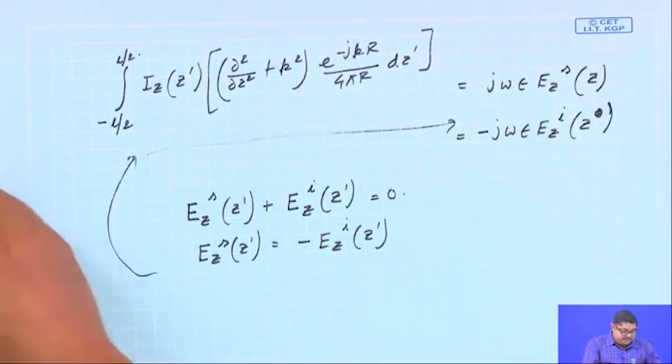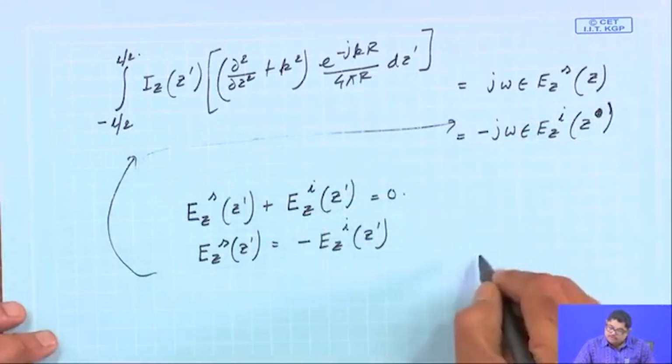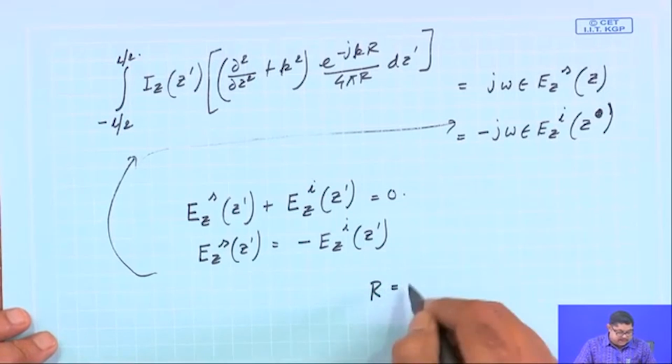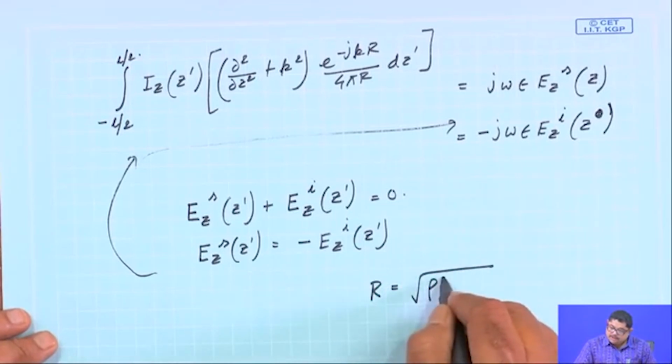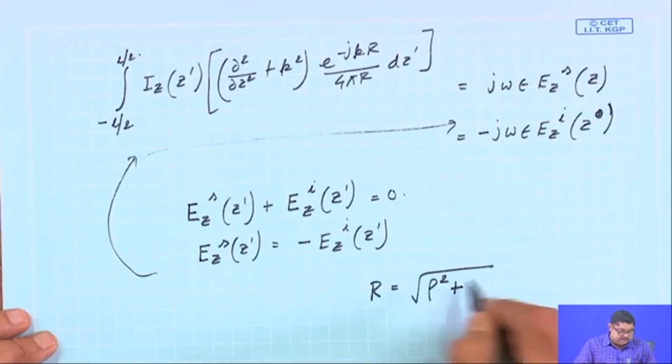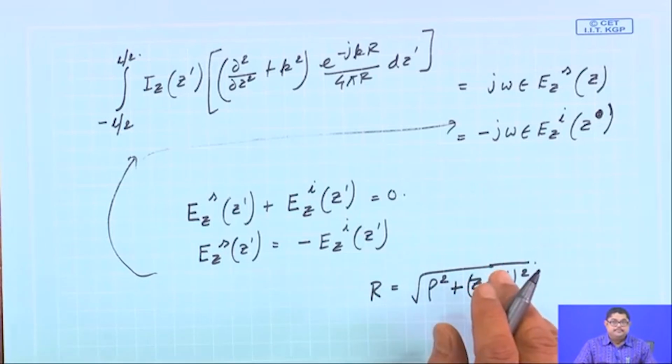Okay. And also what is R? R is nothing but, if we go to cylindrical coordinates, rho square plus z minus z dash whole square.